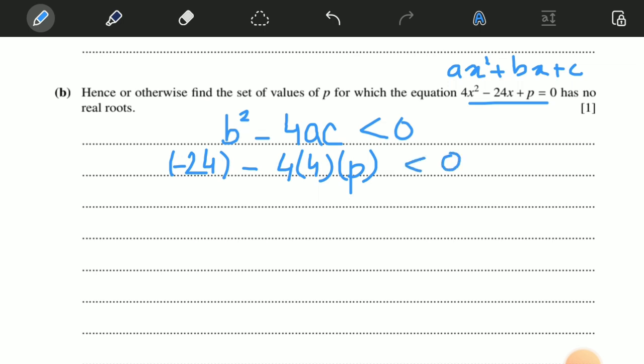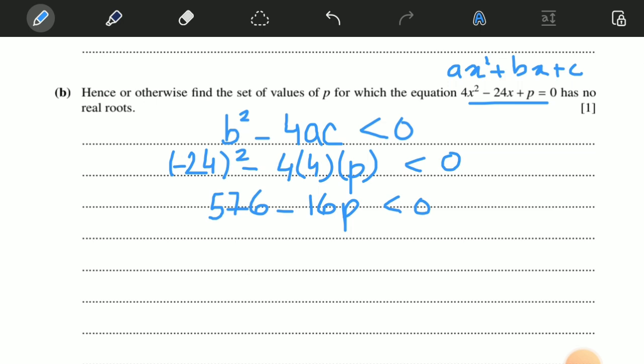This is going to be smaller than 0. Sorry for not writing it going from b². I started from a, then wrote the value of c, and then b. But it doesn't matter. So 24 squared is 576, minus 16p is smaller than 0.